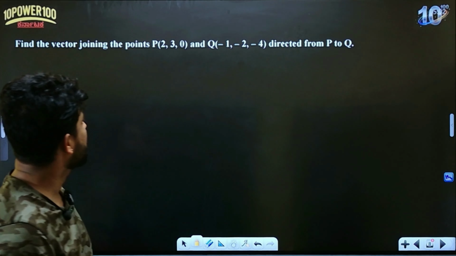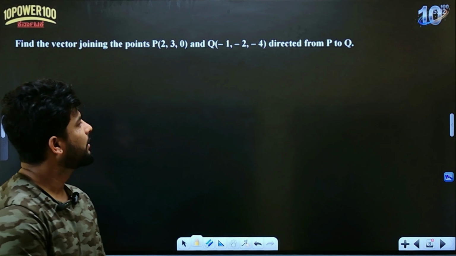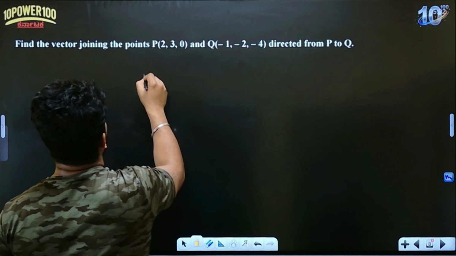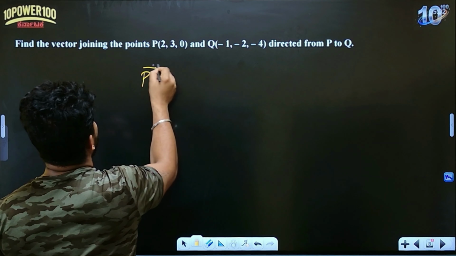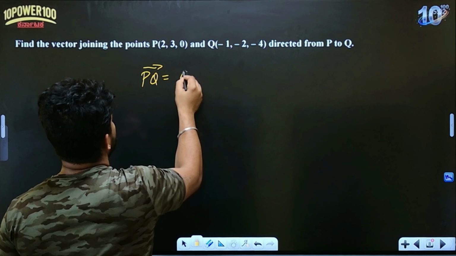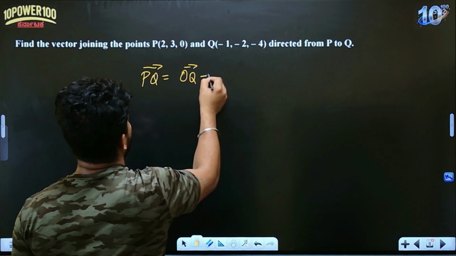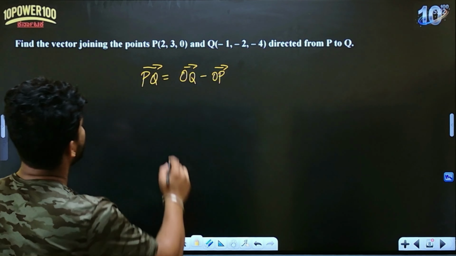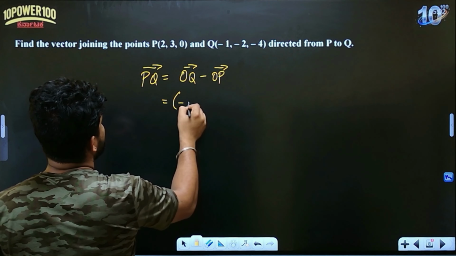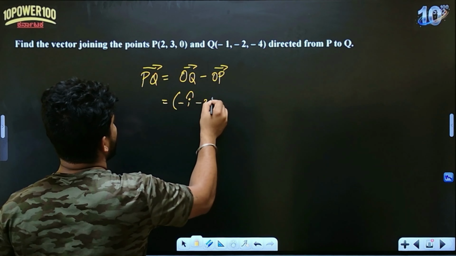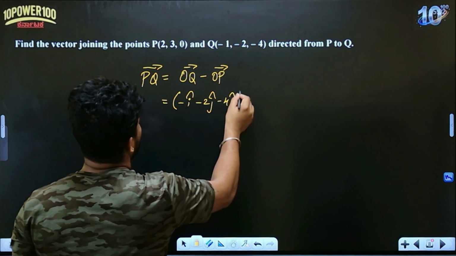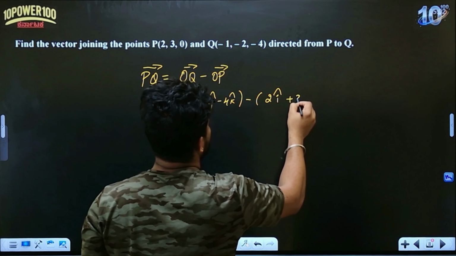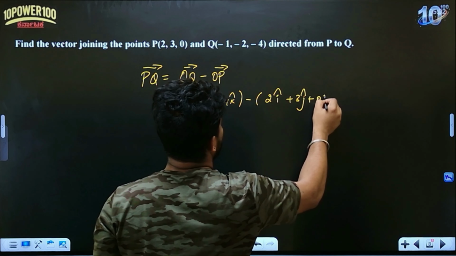Next, find the vector joining the points P and Q directed from P to Q. Very simple. We have to find out vector PQ. Vector PQ is equal to second minus first, so it's OQ minus OP. OQ is this vector, that is minus i cap minus 2j cap minus 4k cap, minus of this vector, 2i cap plus 3j cap plus 0k cap.